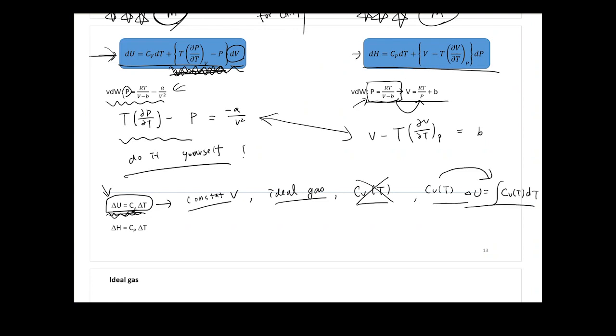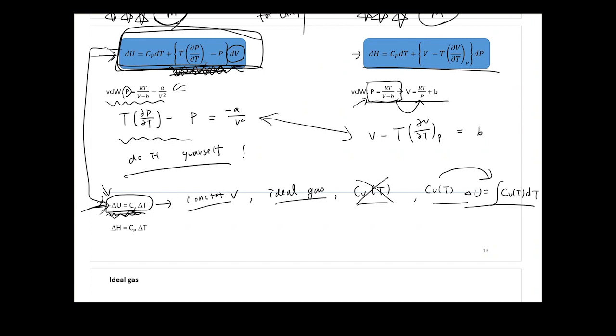The reason we do this is simply to let you know you have so many equations like this in your textbook, and don't memorize those specific equations, because once you memorize the equation, you also need to know the conditions. If you just memorize this, and the question tells you that you have an ideal gas and the CV is independent of temperature, then you can immediately go from there to here.